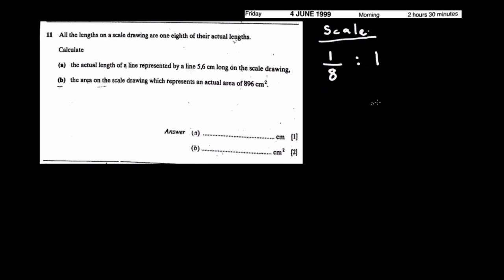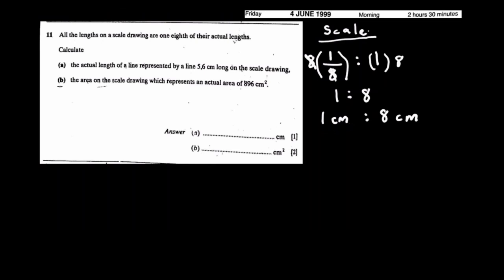So to simplify the scale, of course, we multiply both numbers by 8. 8 cancels out here. We remain with 1. 1 times 8 is 8. So what this means is 1 centimeter of the scale drawing, that is on the map, is representing 8 centimeters, that's the actual length on the actual ground.